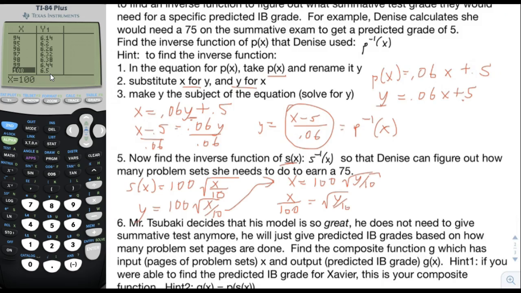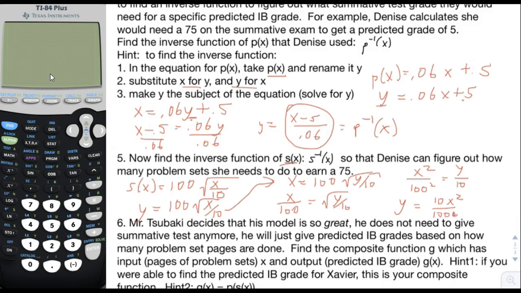And then we're going to square both sides. Equals y divided by 10. And then we're going to multiply both sides by 10. We'll get 10x squared over 10,000, and then we're going to cancel out this 10 with it. So we'll have x squared over 1,000 is our inverse function.